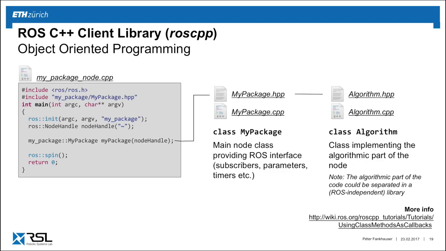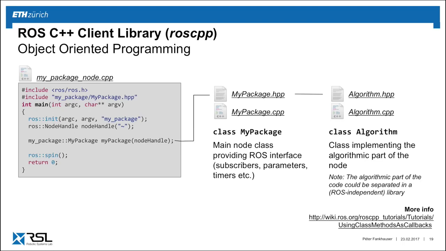And then you would have header files and CPP files, as you know it from C++ programming, defining your class. And typically you would have one main class providing all the interfaces to ROS, being publishing, reading parameters, etc. And then you could put all the things that actually do the work in separate classes and build up a nice object-oriented structure of your node.